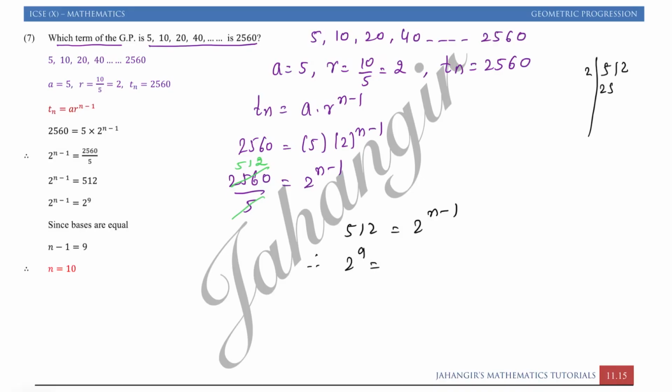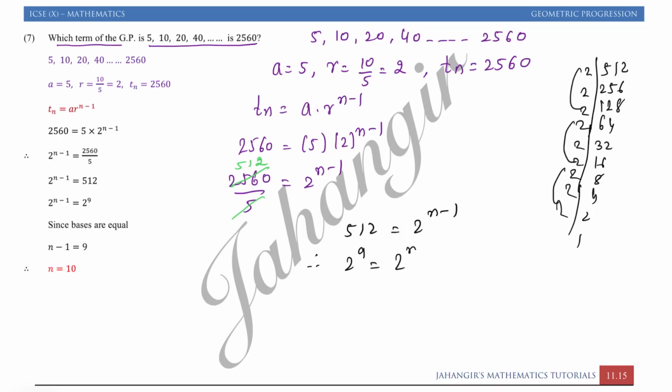If you don't know what it is, just find it like this. 2 2s are 4, 2 4s are 8, 2 8s are 16, 2 16s are 32, 2 32s are 64, 2 64s are 128, 2 128s are 256, 2 256s are 512. See, it's 1, 2, 3, 4, 5, 6, 7, 8, 9. It's 2 raised to 9 is equal to 2 raised to n minus 1.